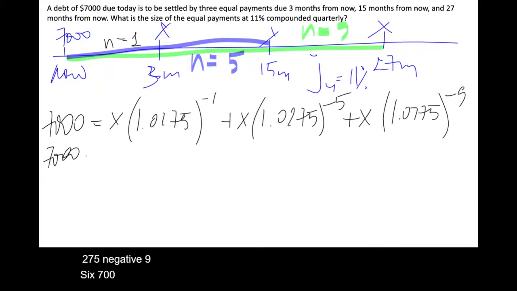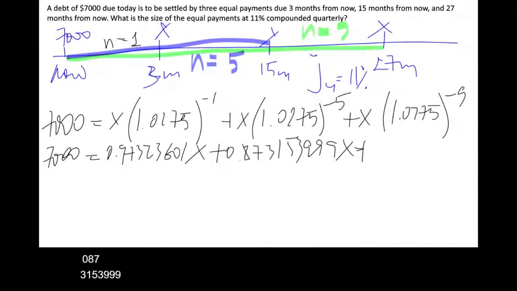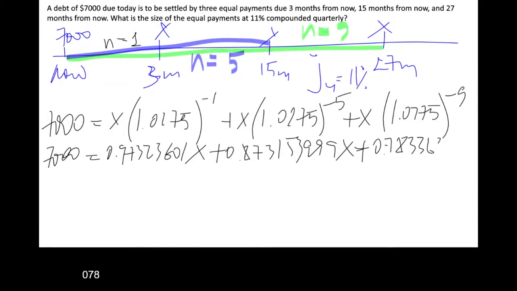So 7,000 equals 0.97323601X plus 0.8731539999X plus 0.783363848X.